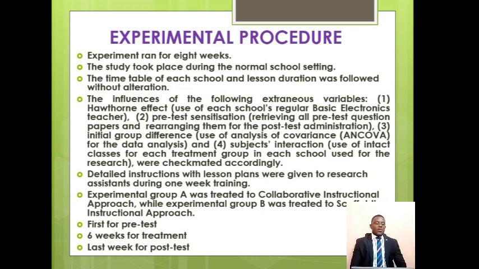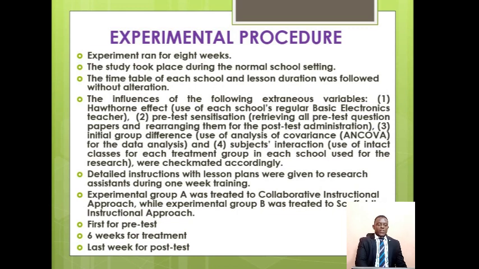One of them is the Hawthorne effect, that is the effect that makes students either perform poorly or perform extremely better just because they know they are under observation. In order to control for that, what we did was to use the students' regular teachers.